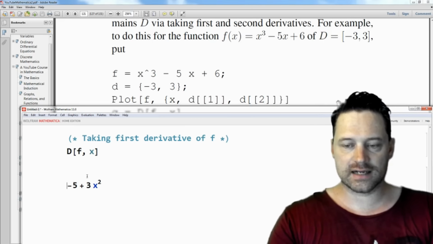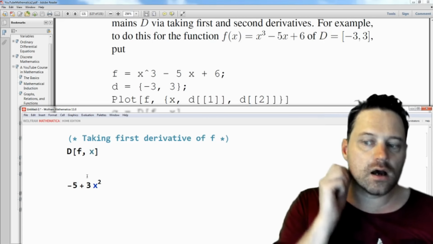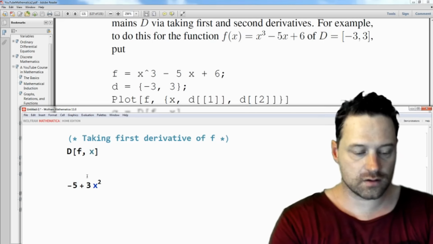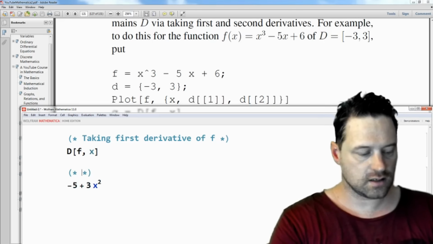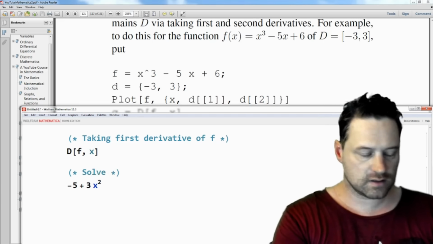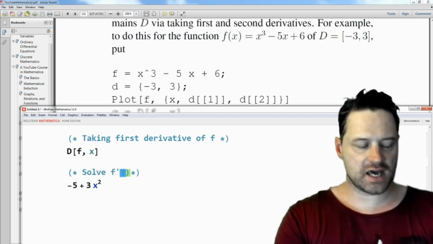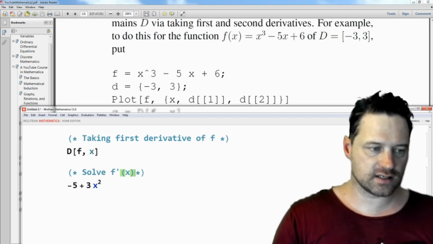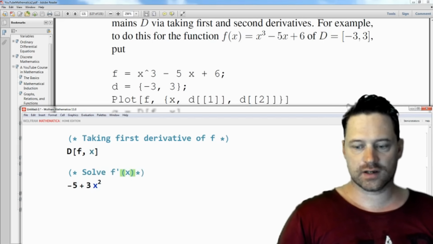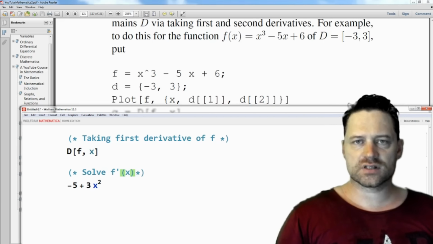Now what we're planning to do in this line is to solve, so let's write that in comment form: solve f dash of x. This is the notation for the first derivative in Newton's notation.